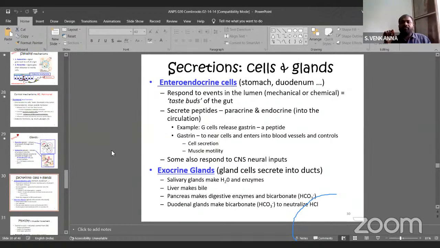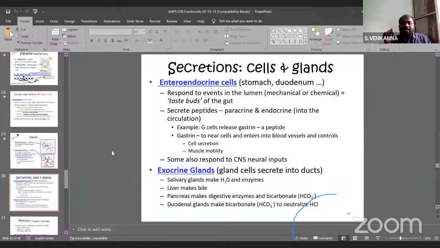They respond to events in the lumen, mechanical or chemical. They are the taste buds of the gut. Where is the location? The lumen. The secreted peptides act as paracrine and endocrine signals into the circulation, which is the circulation plus blood vessels.